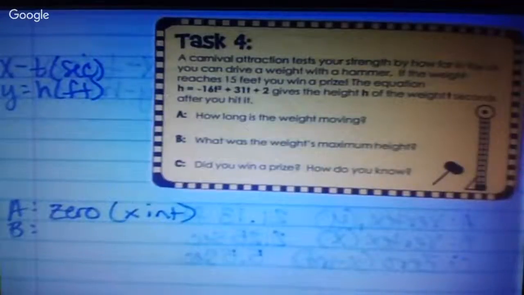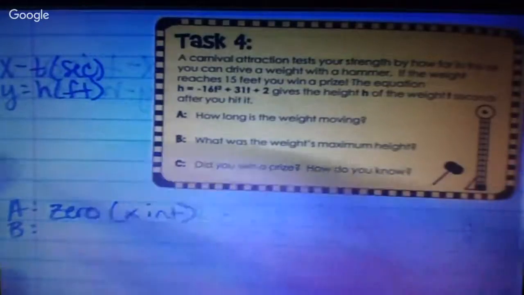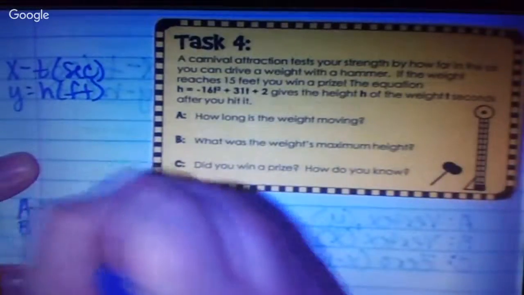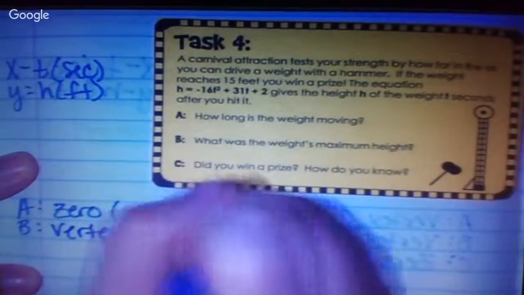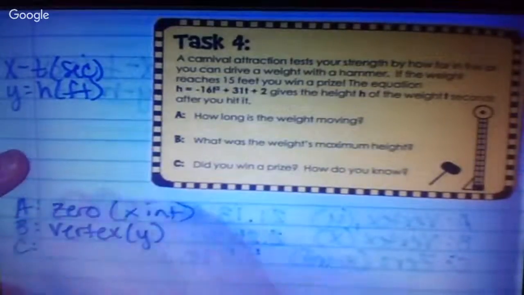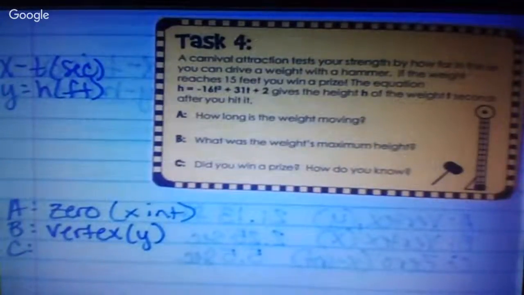Okay, so we're looking for when this hits back on the ground. What was the weight's maximum height? What do I need there? The vertex. The Y value. Then C says, did you win a prize? How do you know? Did it hit the top?